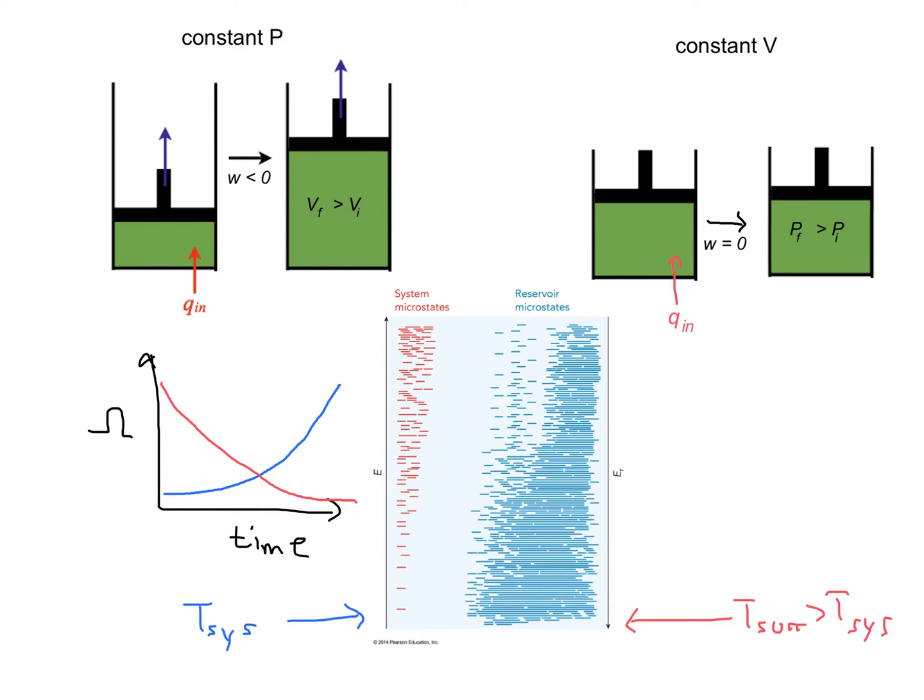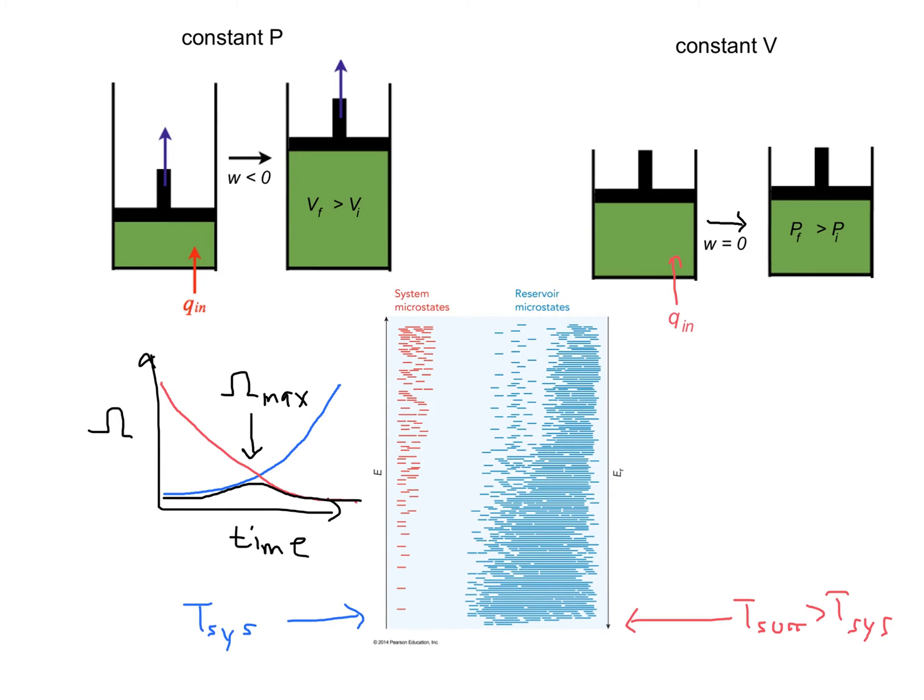Because the system plus surroundings are adiabatic, we can apply the second law to the system plus surroundings. The number of microstates of the total system, system plus surroundings, is the product of the two numbers of microstates. And so we can see that there will be a maximum at some point in the number of microstates available to the system plus surroundings.